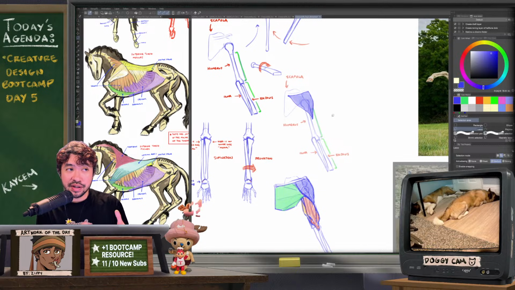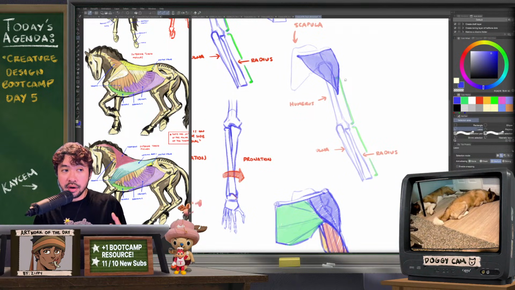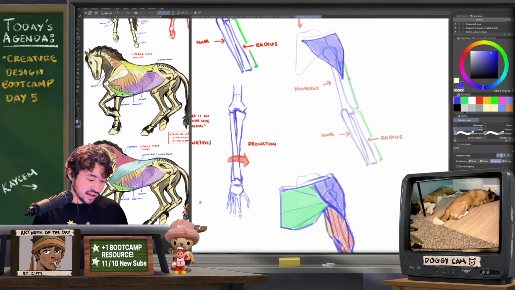The muscles exist to move bones and also to protect organs and all that stuff. But their primary function across the board is to move the bones. So if you learn the anatomy of the muscles, but you're not learning the bones, are you really learning the muscles? Does that make sense? Let me know.